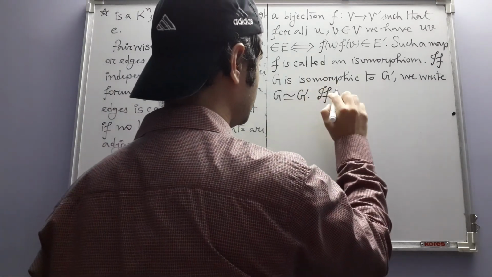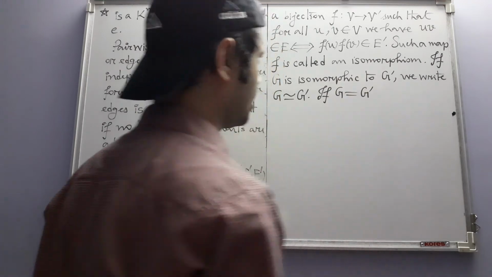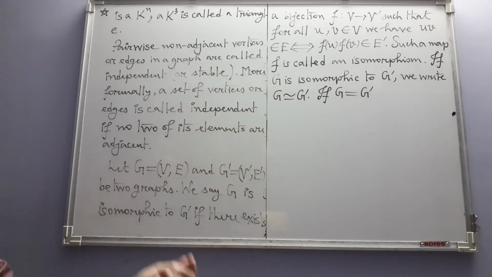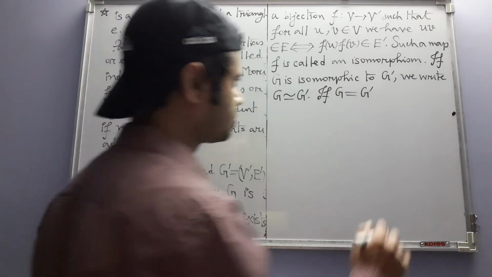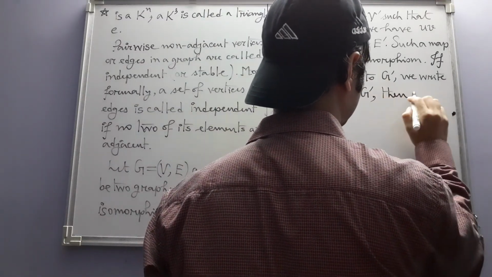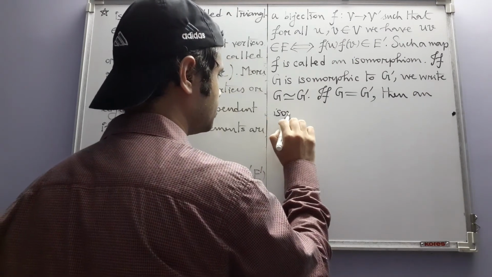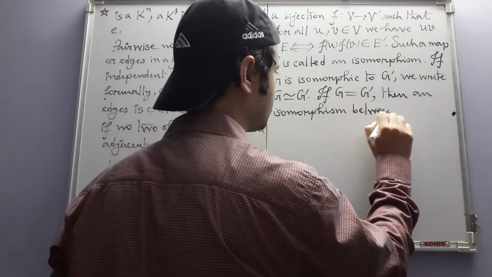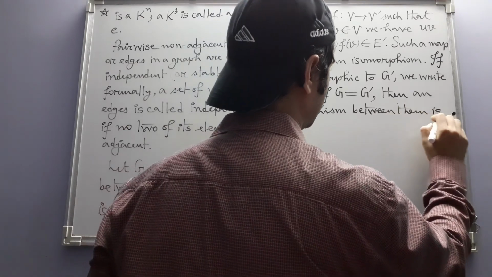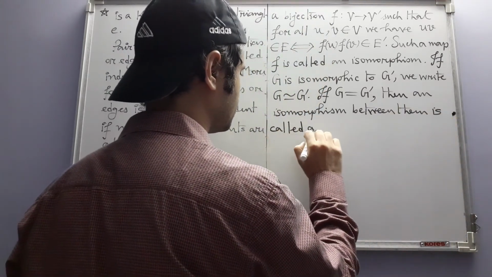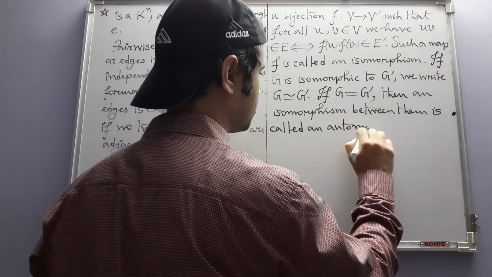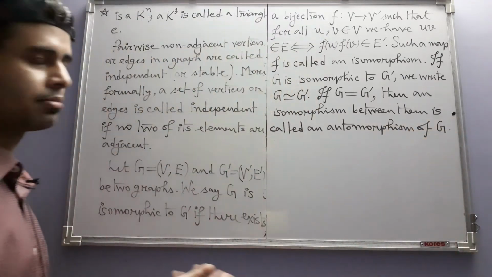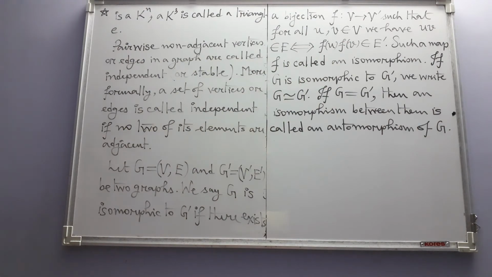If G is equal to G prime and you have such an isomorphism, which is not necessarily the identity map, okay, you can have other isomorphisms from a graph to itself, then an isomorphism between them is called an automorphism of G, just like the case with groups or vector spaces, or in fact any such structure.